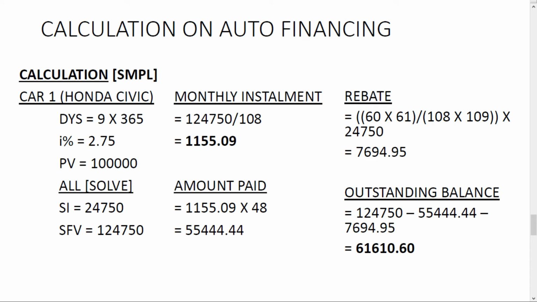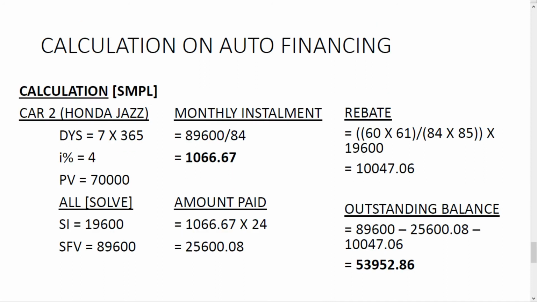So the formula is small n times small n plus 1, divided by big N times big N plus 1, times SI, the simple interest just now. The small n refers to the balance month, and the big N refers to the total month of the tenure.